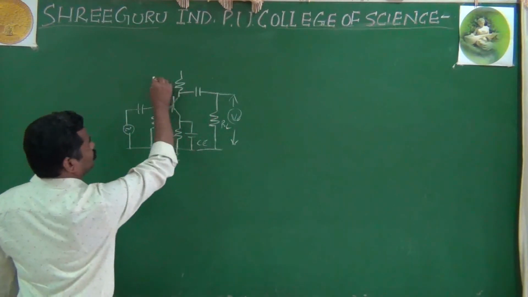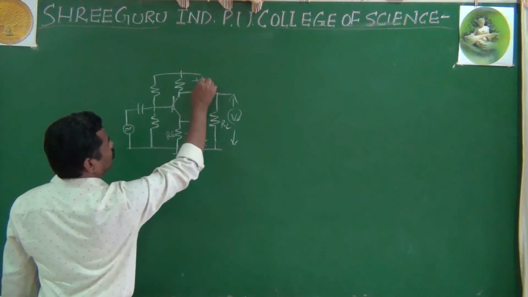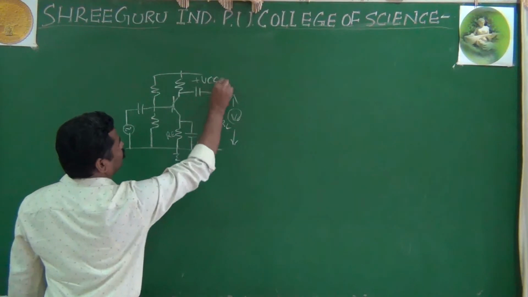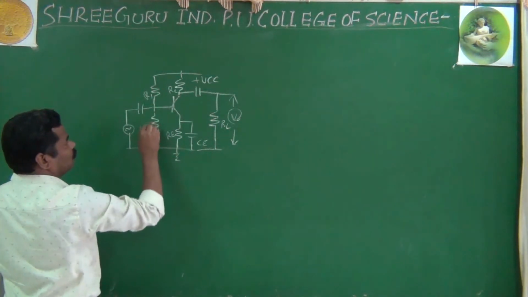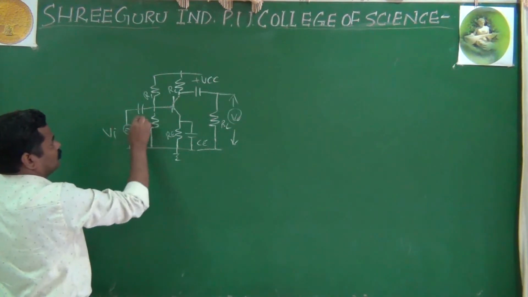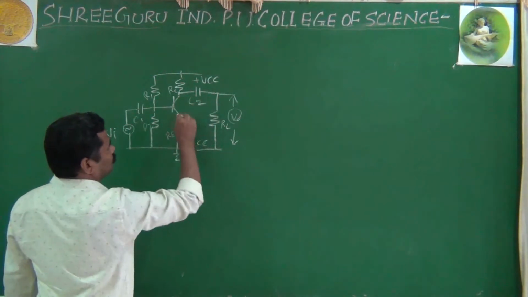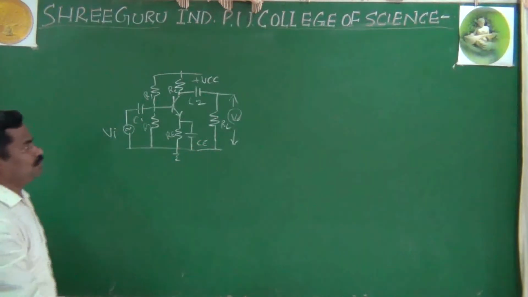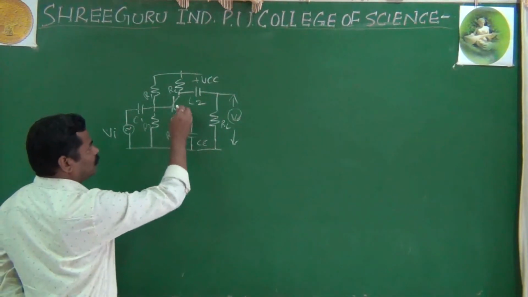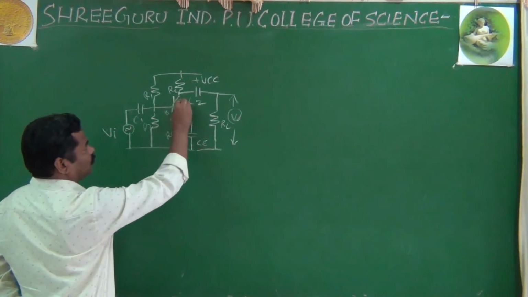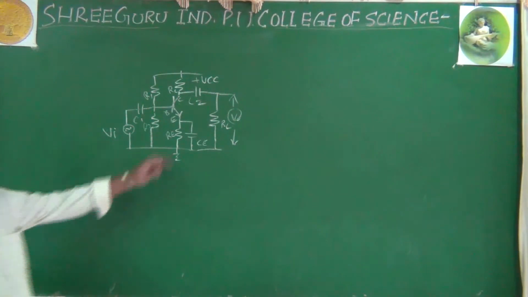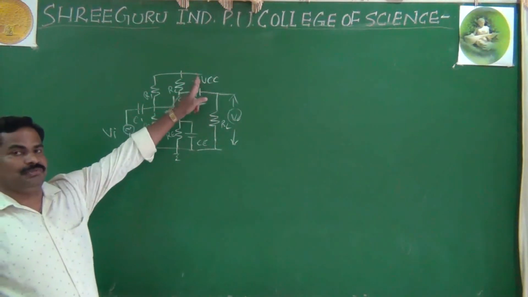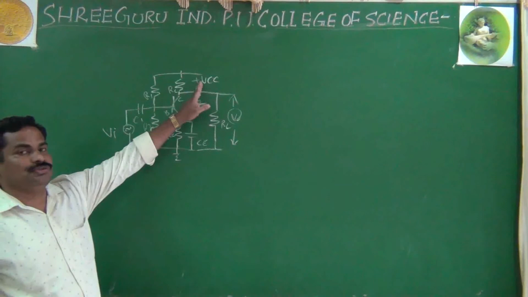This you know already, you studied in the explanation about the RC circuit: R1, R2, this is VI, this is C1, this is C2. First, to go for the AC analysis and the AC equivalent circuit, you have to apply two conditions. First, remove the DC source, or reduce the DC source to 0.